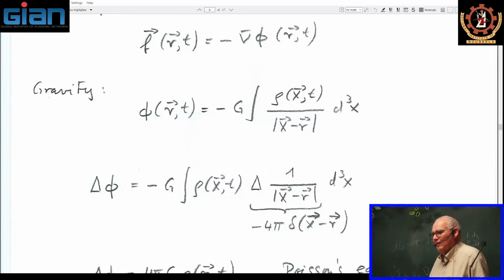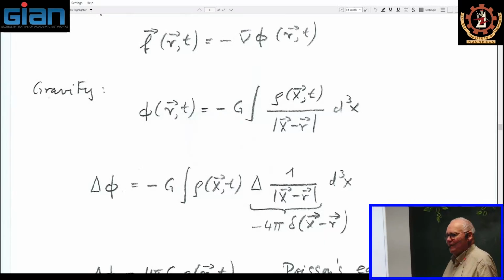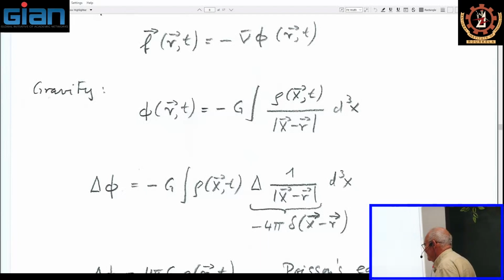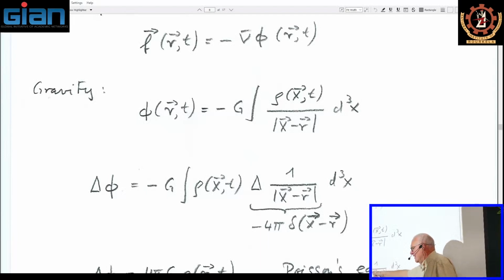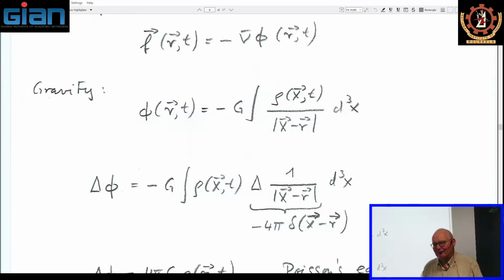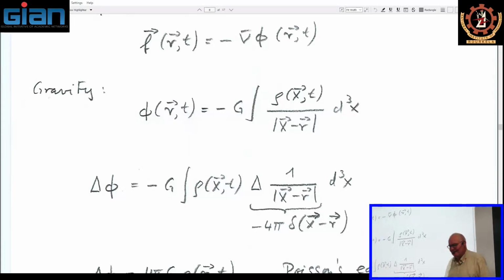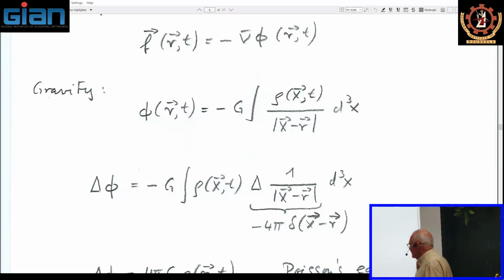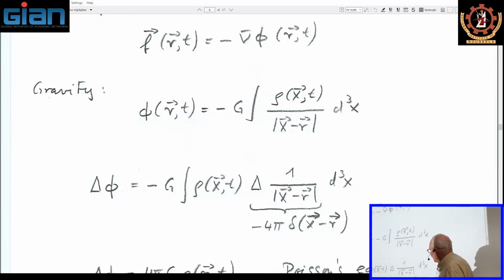Okay, now I have to resort to some functional analysis. The Laplacian operator acting on 1 over x minus r is a delta function. It's minus 4 pi times the delta function of x minus r. And that means that this is simply this integral over rho, and the delta function will give rho at the position r and t.